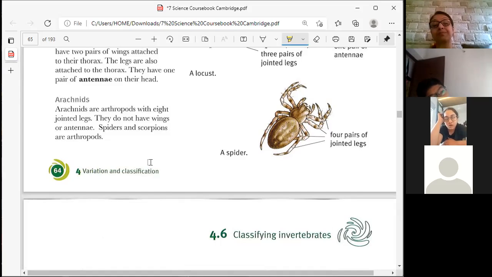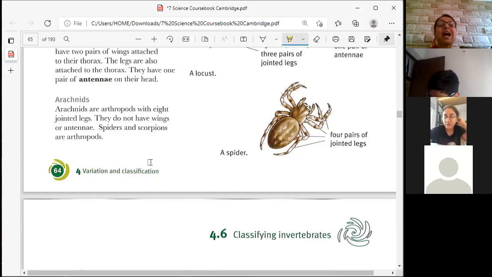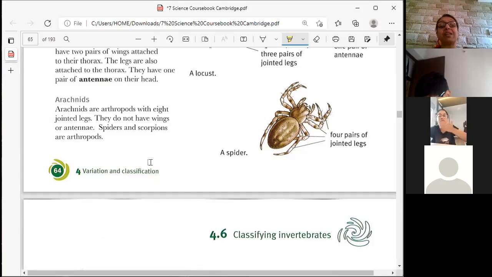What will you say? Insects have 6 joint legs. Arachnids have 8 joint legs. The second difference is the arachnids do not have wings or antenna, while you can see the antenna and the wings only in the insects. Do you get me right?